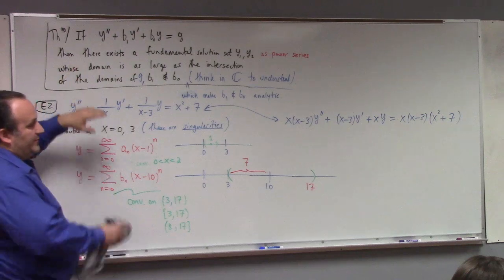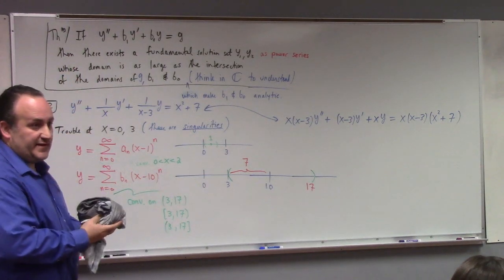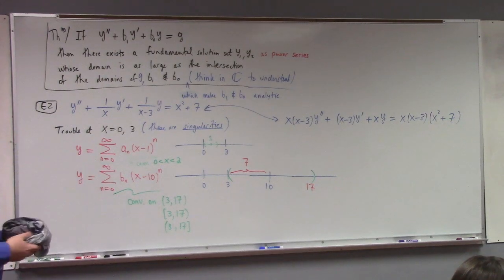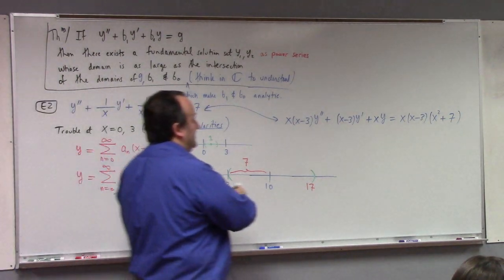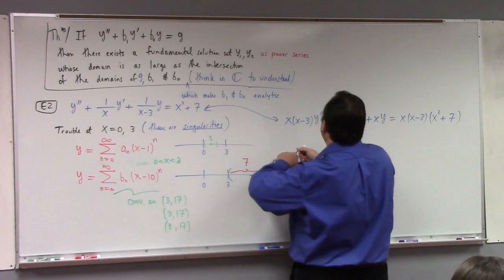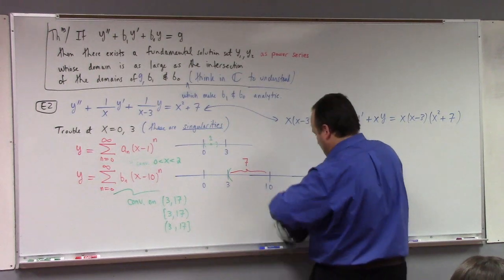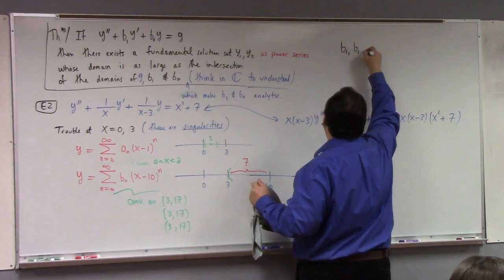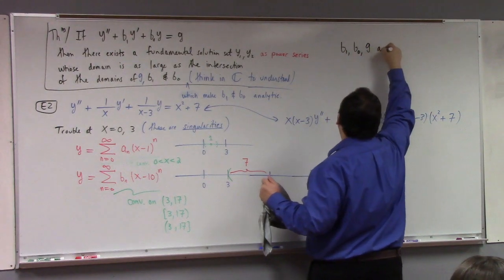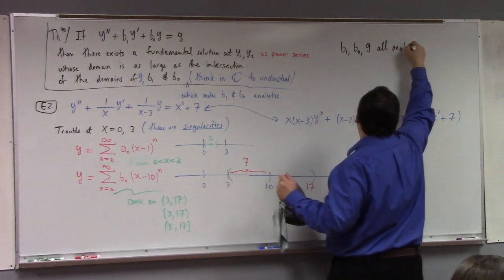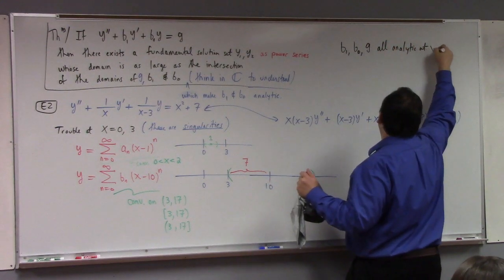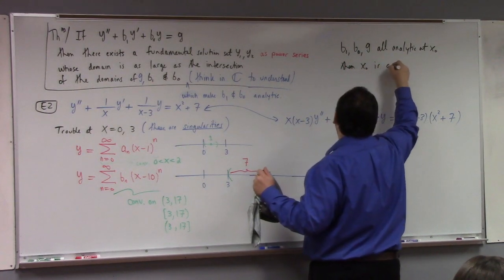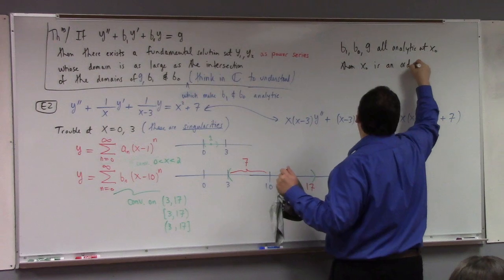And how big a neighborhood? Well, that's what I'm describing with these last two examples. So this is how the solution behaves around an ordinary point. And ordinary is exactly like it sounds. So if we have b1, b0, g all analytic at x0, then x0 is an ordinary point.